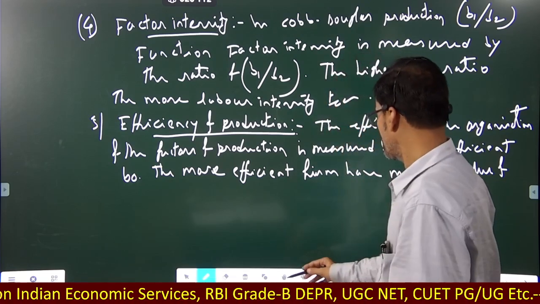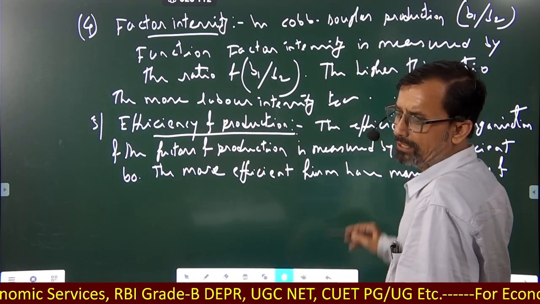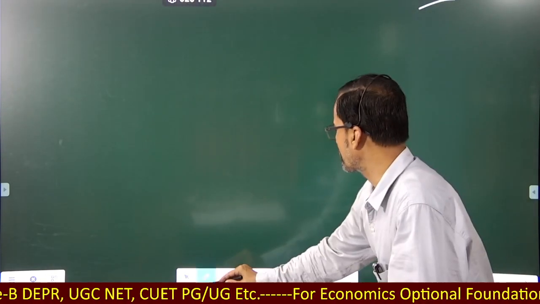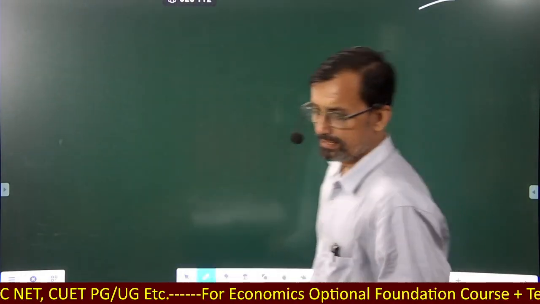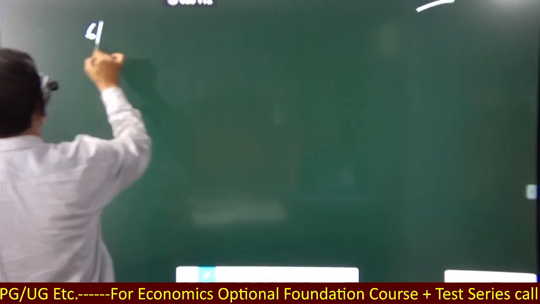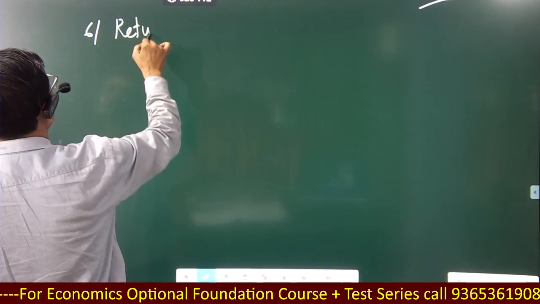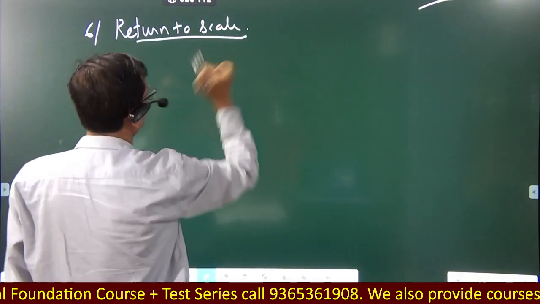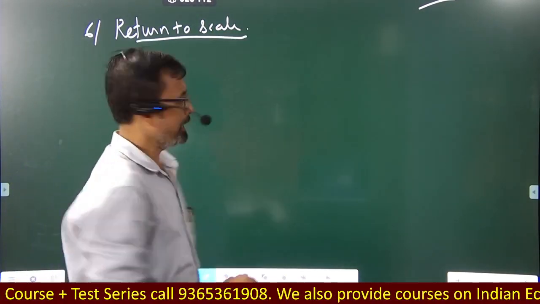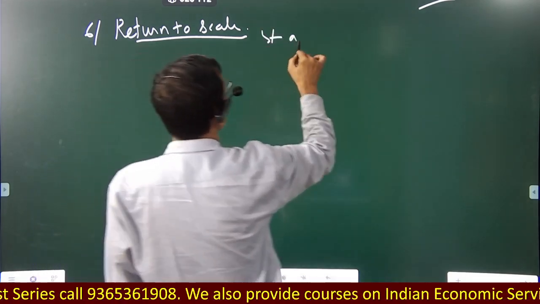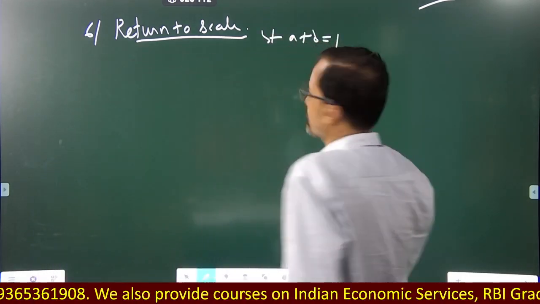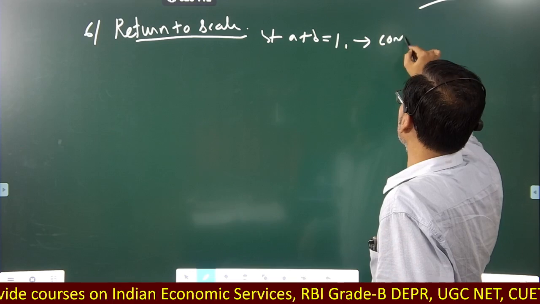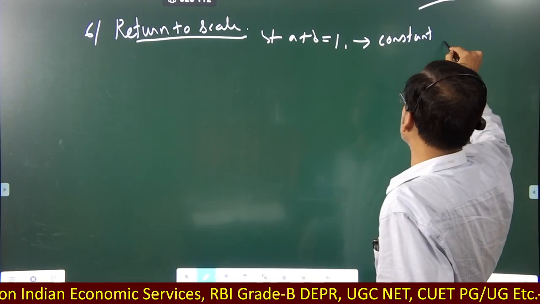Similarly, we can also show the return to scale. If A plus B is equal to 1, then it is constant return to scale in the production function.